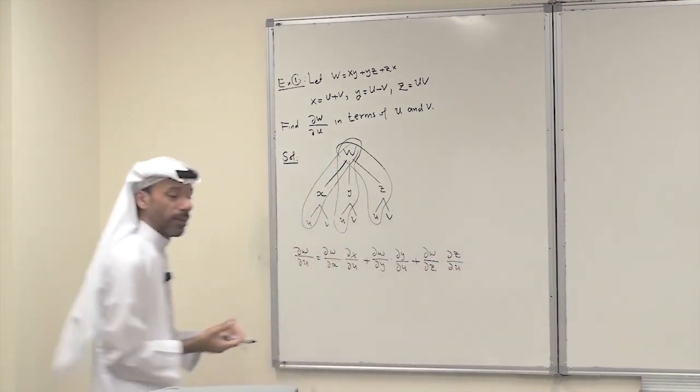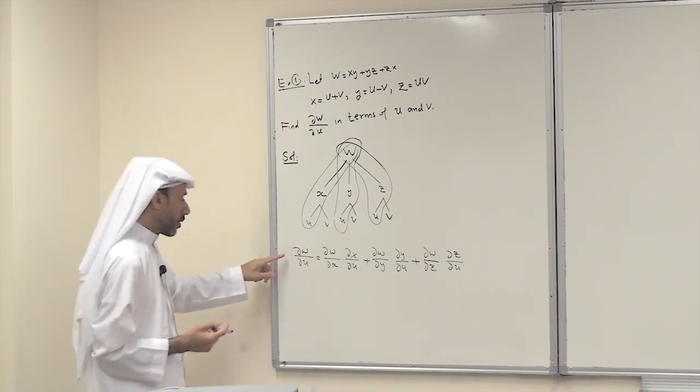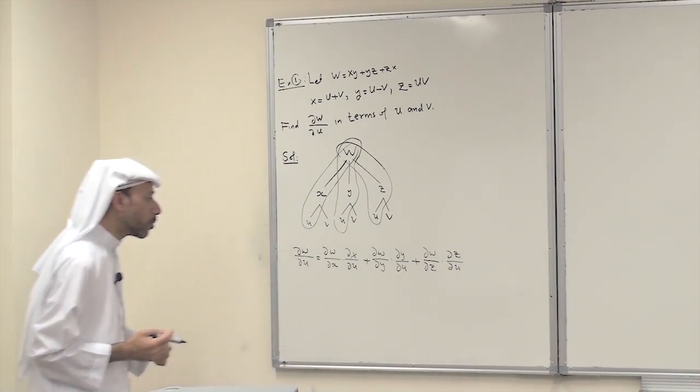So this is the formula of the chain rule for finding partial W partial u.